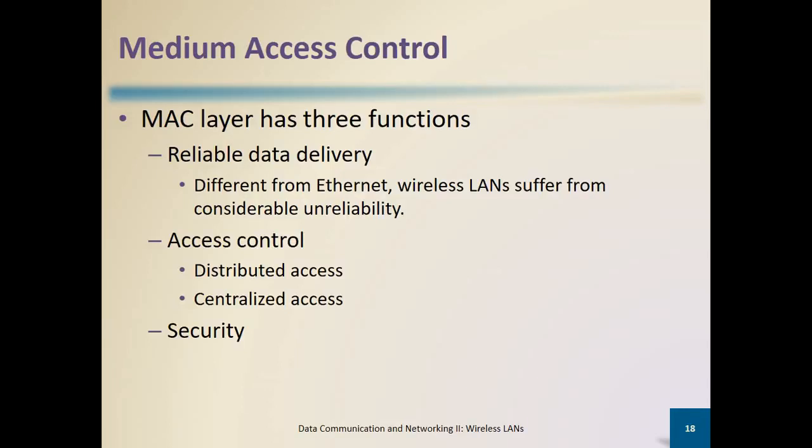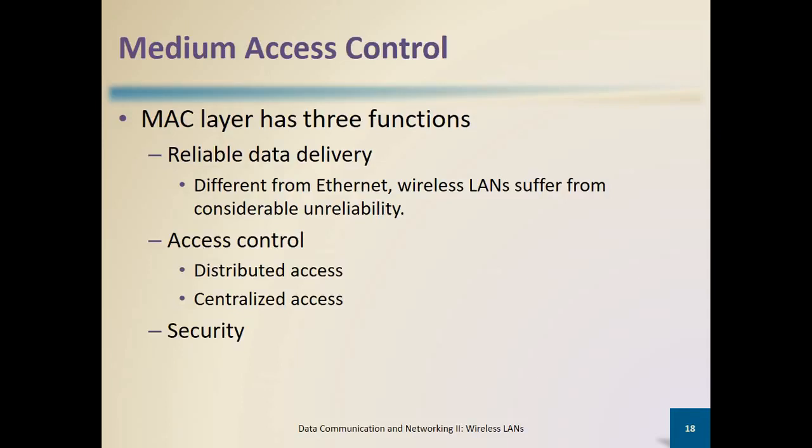In a way, the MAC layer's job is to make sure that there's reliability. Since generally Ethernet and wireless LAN suffer considerable unreliability, there has to be a way to make sure the data that's been transmitted or delivered through that medium or that particular layer is quite reliable, basically.